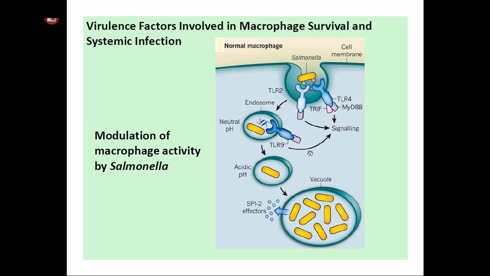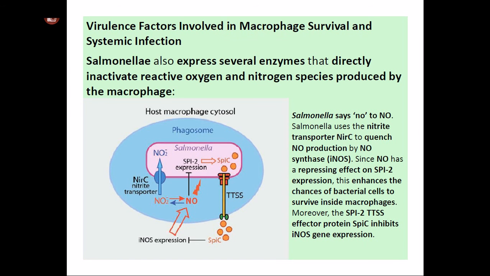So they are not only being taken up inside, not only secreting factors, but they are also capable of dividing and continuing to divide inside the vacuoles within the macrophage. And they have a beautiful mechanism of preventing the oxidative stress created by the macrophage to kill them using nitric oxide mediators, because nitric oxide is found to be the most dangerous of the reactive oxygen species for killing Salmonella.